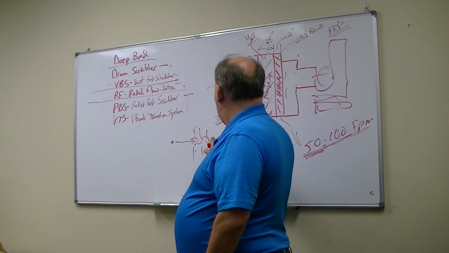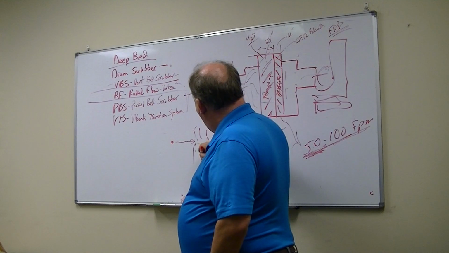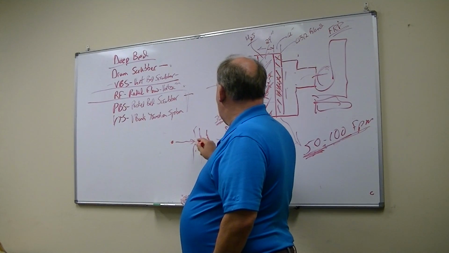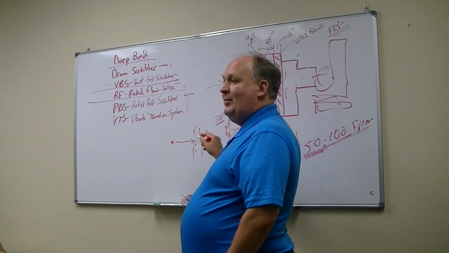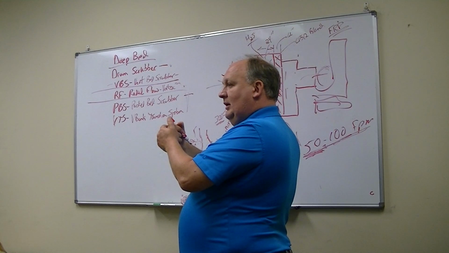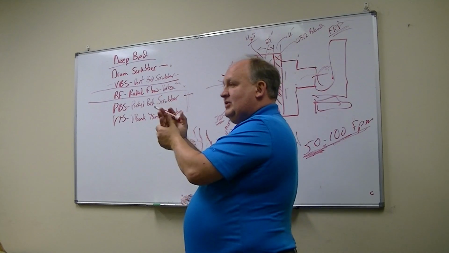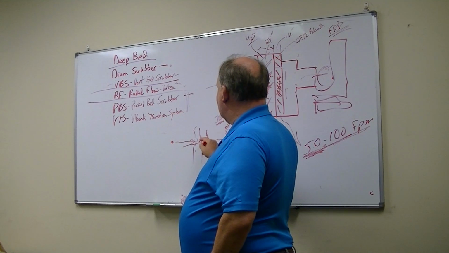So the principle of how a mist filter works is called impingement. You've got to make sure that the mist droplet runs into a fiber and bangs into it. And when it bangs into it, water is sticky, basically, and sticks to the fiber. Then another one comes along and sticks on there.